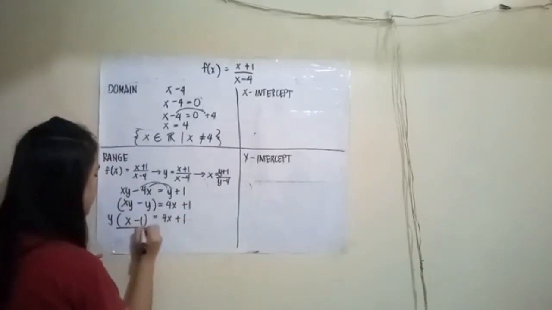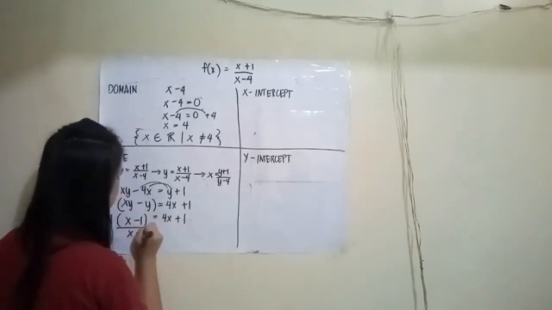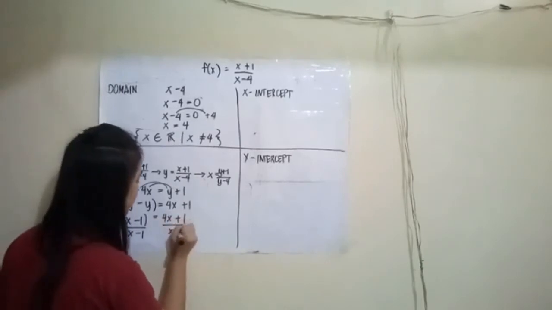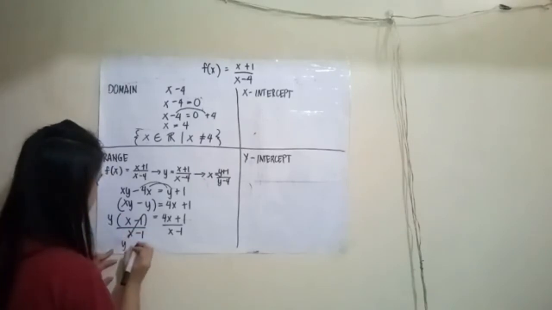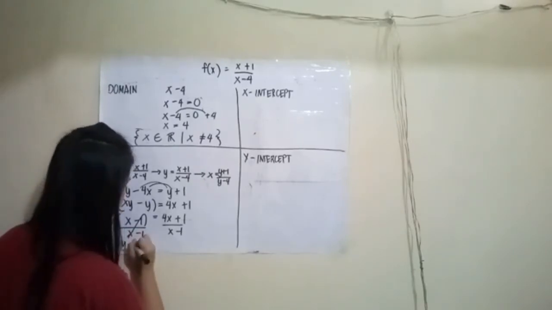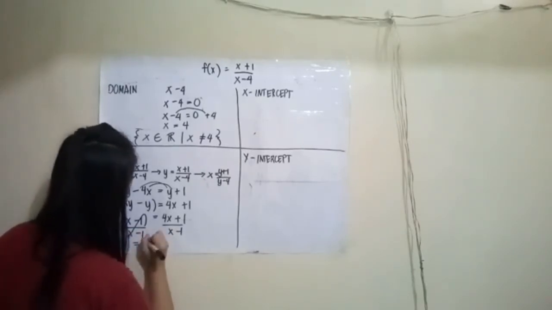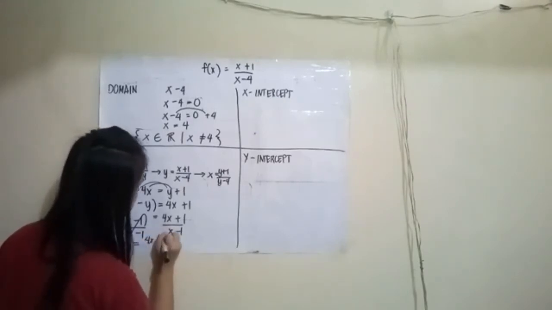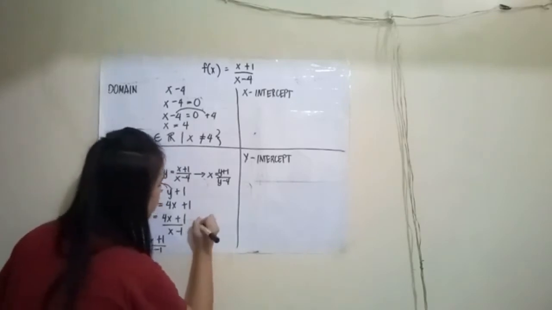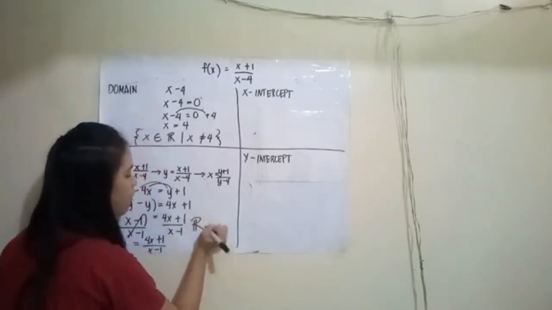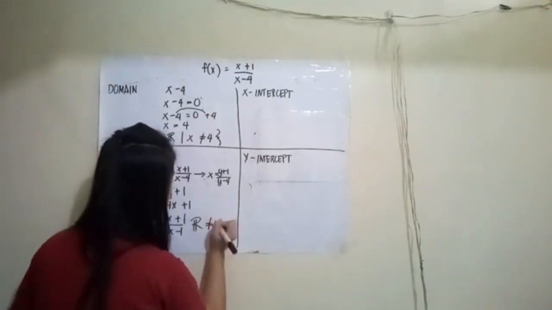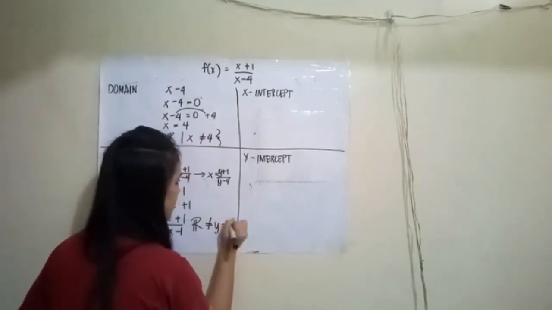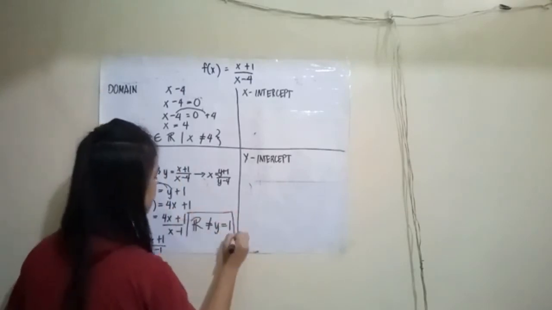To get the y value, we will divide both sides by x minus 1. So our range will be y is equal to 4x plus 1 over x minus 1. So our range will be all set of real numbers if not equal to y is equal to 1.